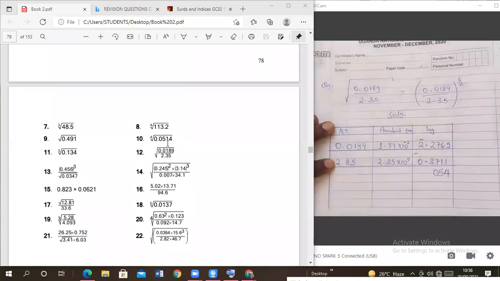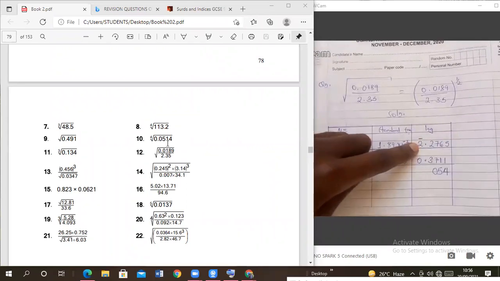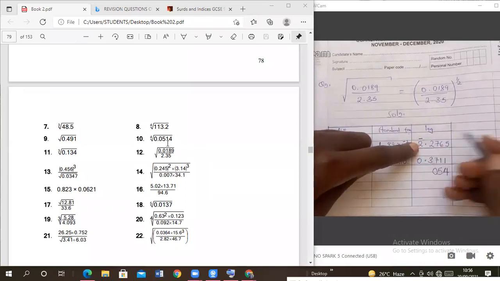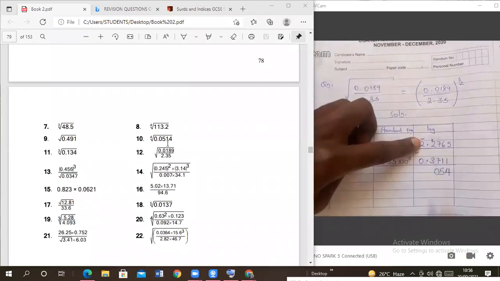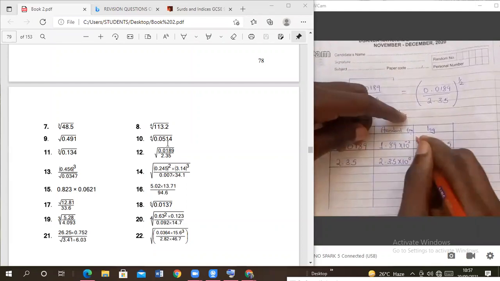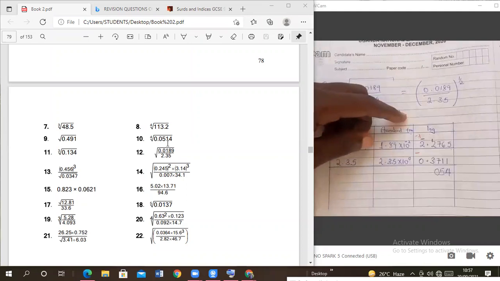2 minus 3, is it possible? No. So we come and borrow here. Remember, when you are borrowing from a negative, the number becomes more negative. Do you remember that? Yes. Because -2 again take away 1 means the number becomes more negative. So when you borrow 1 from here, this one becomes 12, and this one becomes -3.